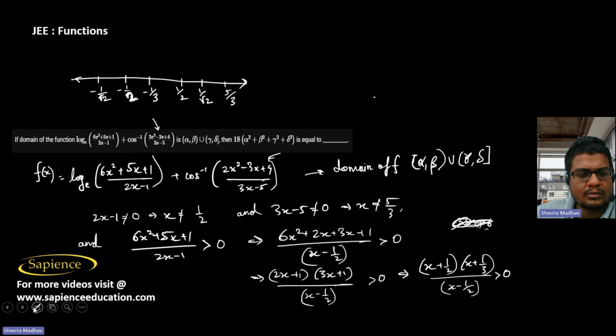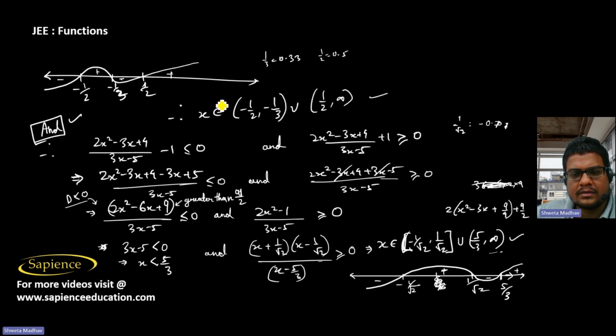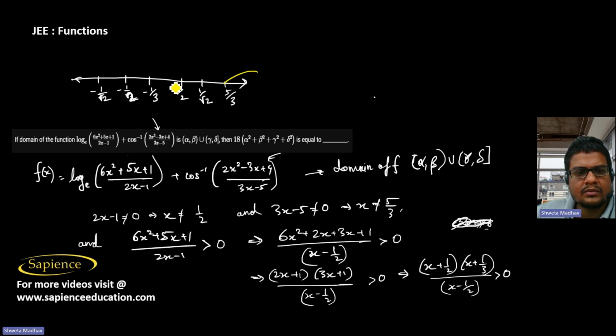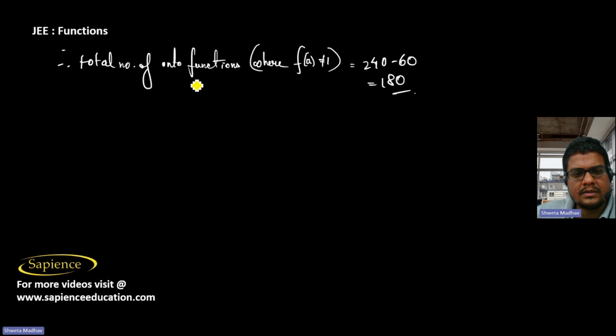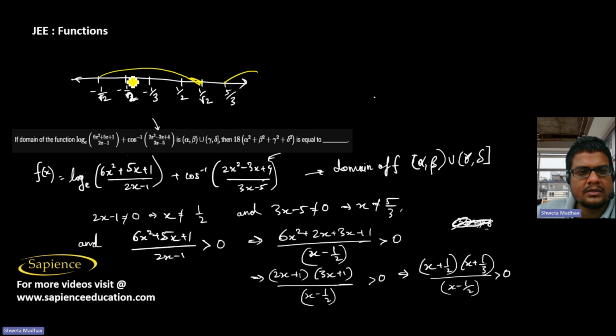So we have to take the common region. More than 5 by 3 is there. Then minus 1 by root 2 to 1 by root 2, this part is there. And then here we have minus 1 by 2 to minus 1 by 3.